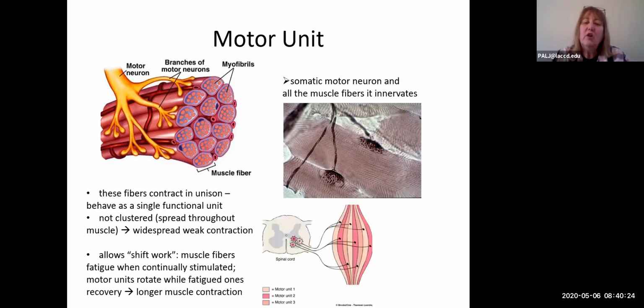So looking at the picture on the bottom right, here's the advantage of this type of system. This is showing 3 different motor units. And they have 3 different color cell bodies for the 3 neurons, and those are related to the same 3 color muscle cells.